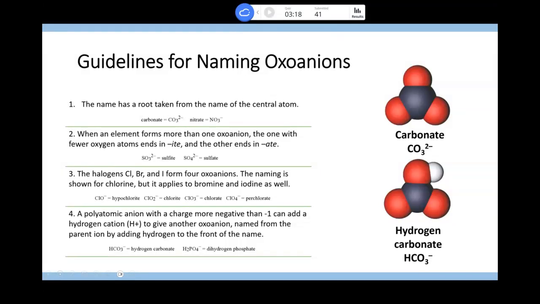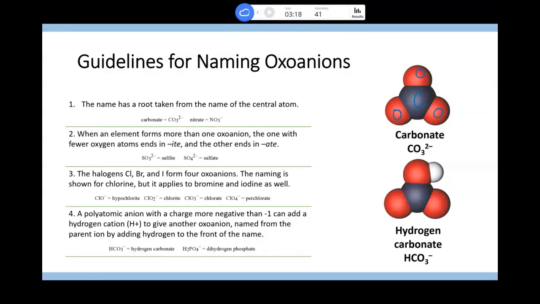In these first two examples, we have carbonate, with a carbon atom in the center and then oxygen, oxygen, oxygen, or nitrate, where nitrogen is in the center. So the first part of the word represents nitrogen.